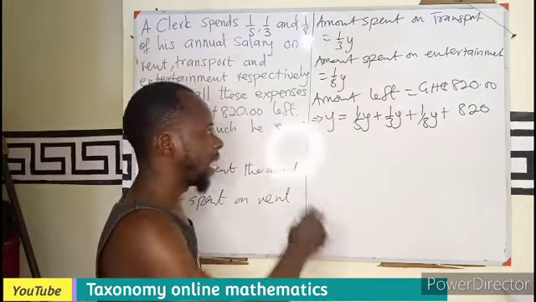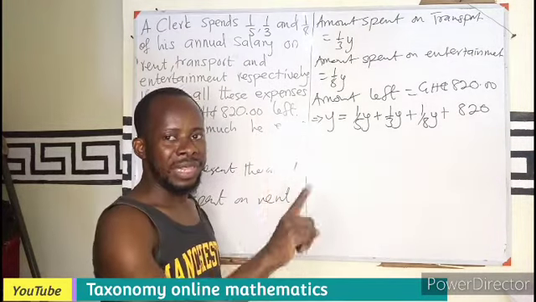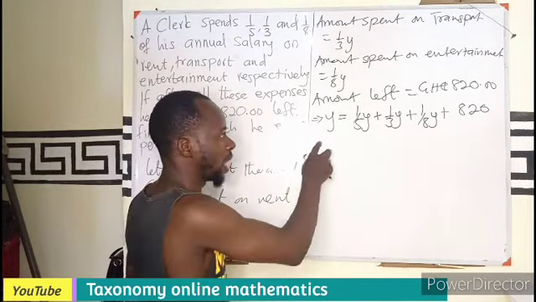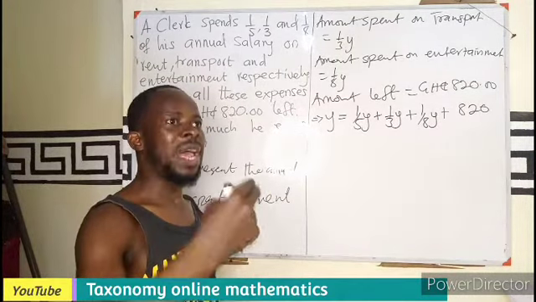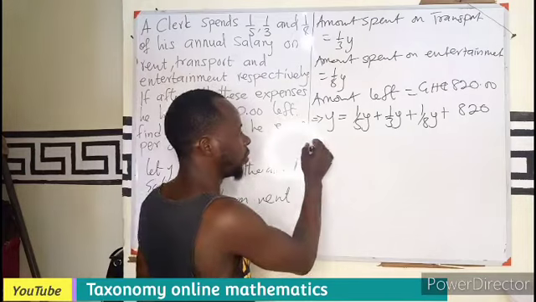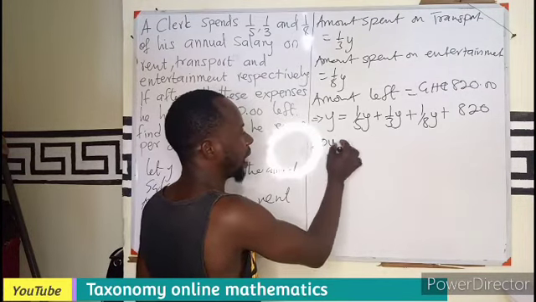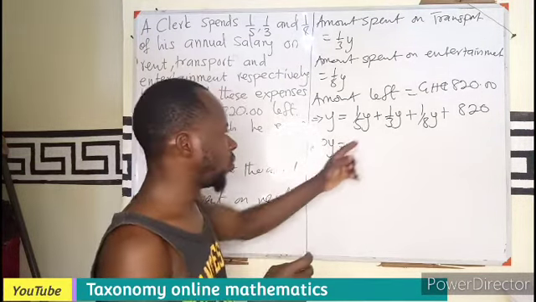In this case, I am going to multiply every term by the LCM. There are 5 terms, so the 120 will multiply every term. It's going to be 120y equals 120 times this.